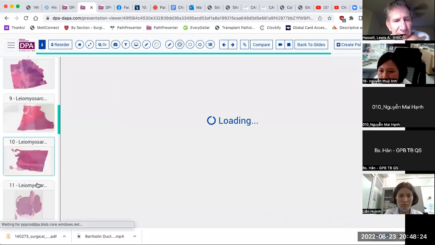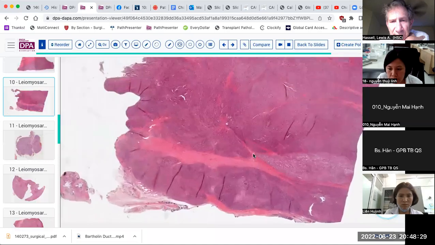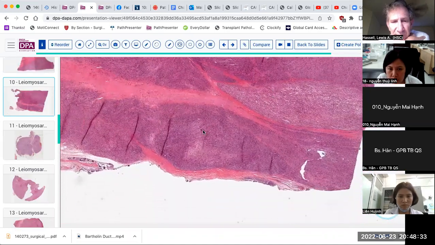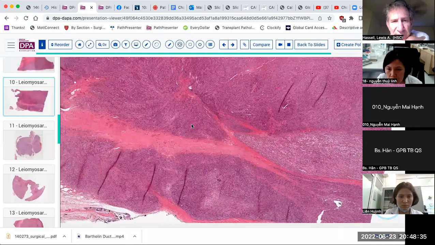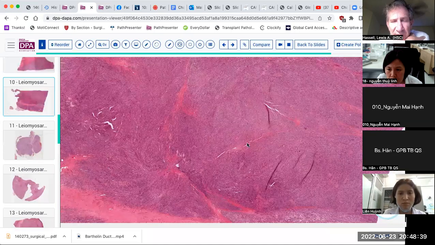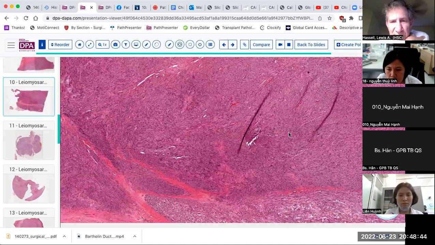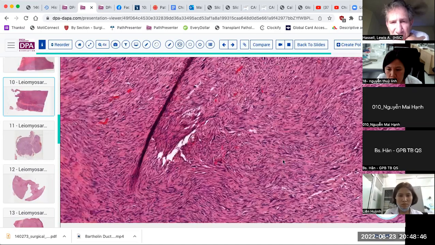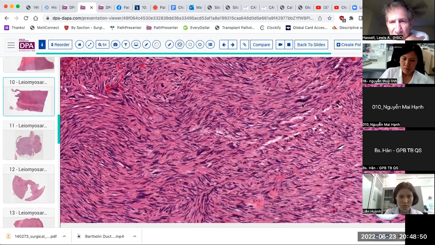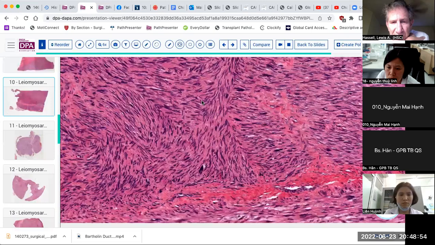Let's take a look at another example of this. Here we see again a variable lobulation to it, quite cellular, not as much obvious necrosis in this lesion, much more spindle shaped. And you can see the atypical nuclei here and the fascicular growth pattern.